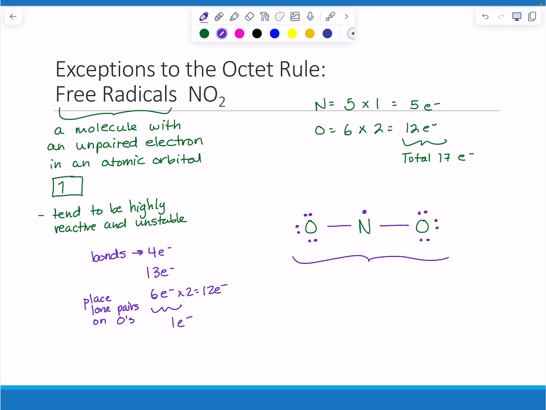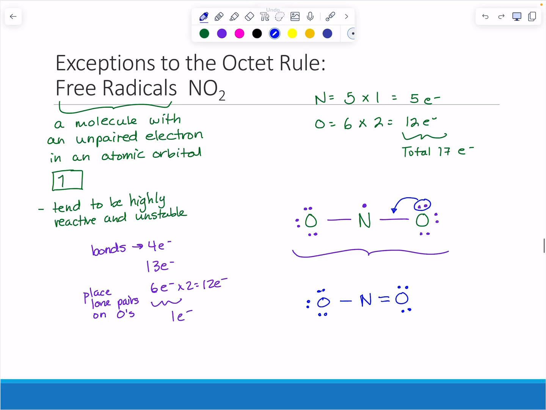So what we're going to do is what we usually do in these cases, and we're going to take one of those lone pairs, okay, and make it into a bond. So we'll have a double bond to one of the oxygens. Okay, so the oxygens are fulfilling the octet rule. Each of them has 8 electrons around it. The nitrogen now has, 1, 2, 3, 4, 5, 6, 7 electrons around it, okay?